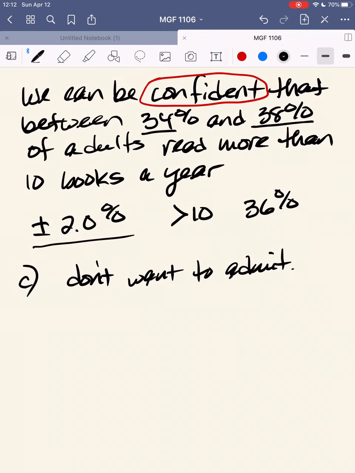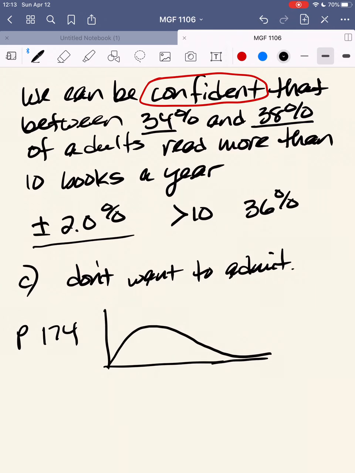There's a little bit about skewedness on page 174 of your book. Not all of our data is normally distributed, though that was the thing that was going on here. But when you're looking at something, if it's skewed, that means either you've got something that looks like this, and more of your data is that way, or you've got something like this, where your data is this way.